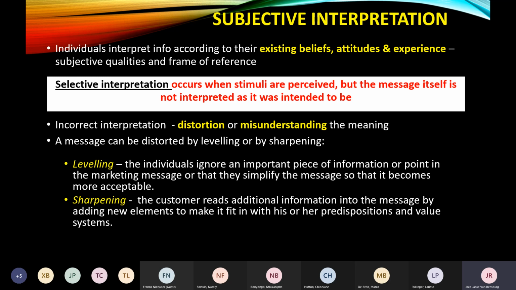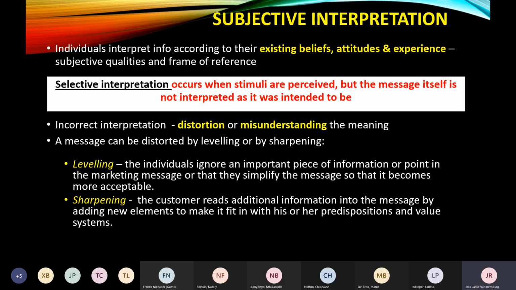That can happen because there are two ways in which a message can be distorted. It's done either through leveling, where the individual ignores an important piece of information, or the marketing message simply becomes more acceptable because they can relate to it.